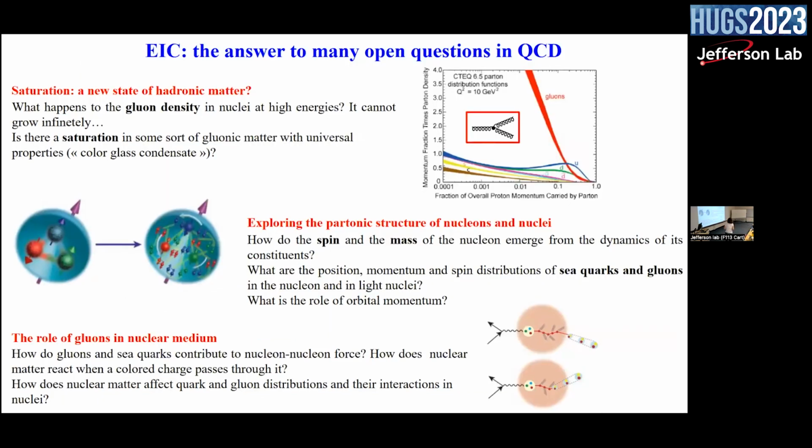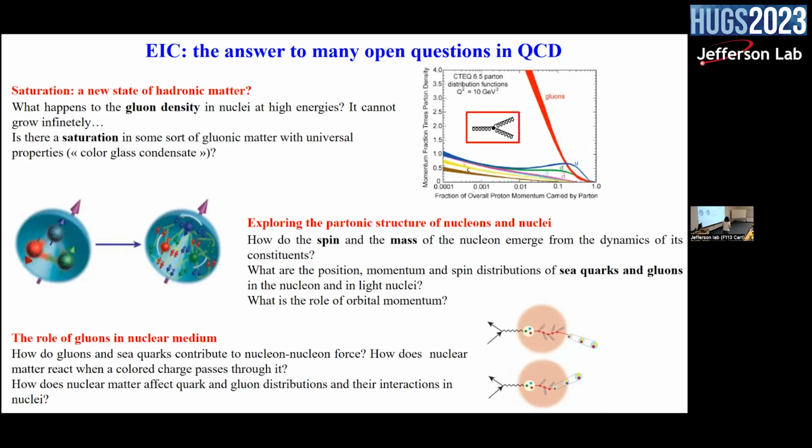So the EIC is not only about GPDs and nucleon structure, but there is way more physics that can be done. In particular, one of the main motivations for the EIC is to study saturation.